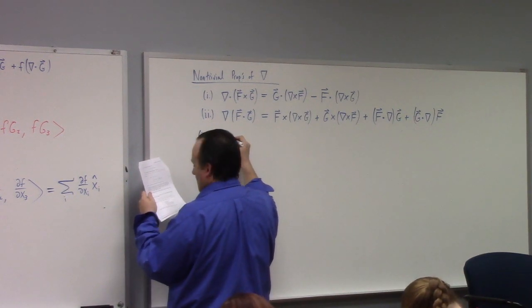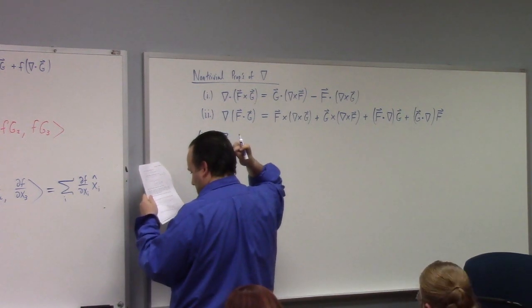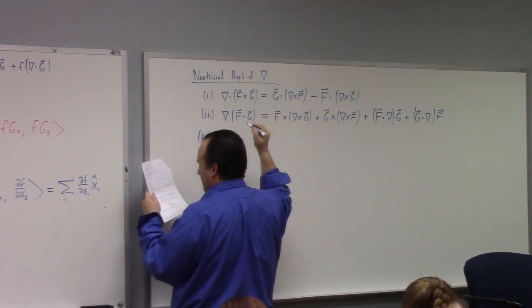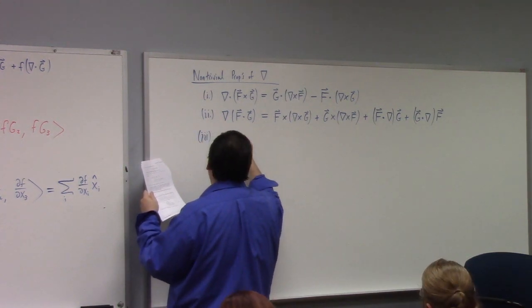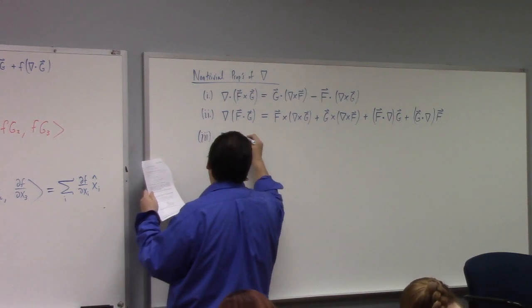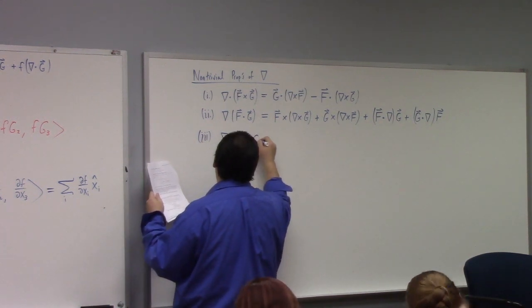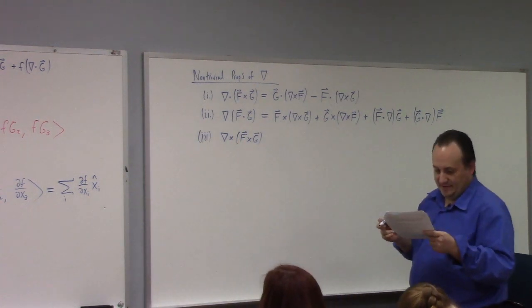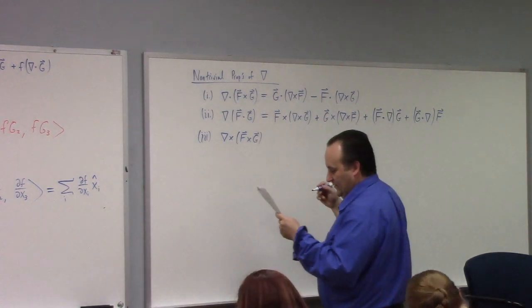And then 3, and I think this should be curl. There's a typo in my notes right here. So the curl of a cross product, you're like, who would do that? Who would take the curl of a cross product? What monster, right? We would.